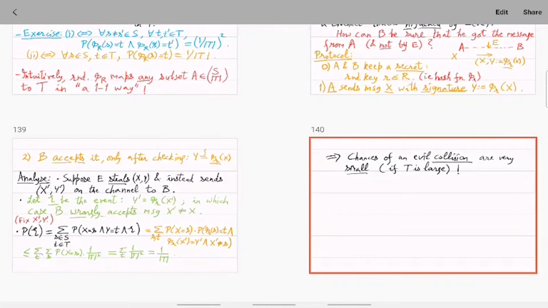Okay, so this is what the hash function did. Since Eve will not know what the hash function is, she will not be able to find x prime, y prime so easily. As long as the range of the hash function is large, the probability of a collision being discovered by Eve is very, very little.